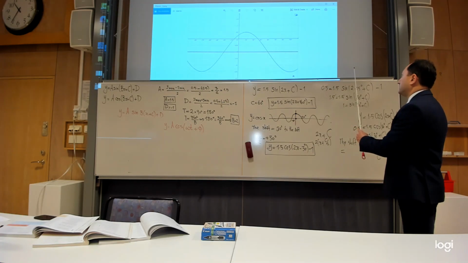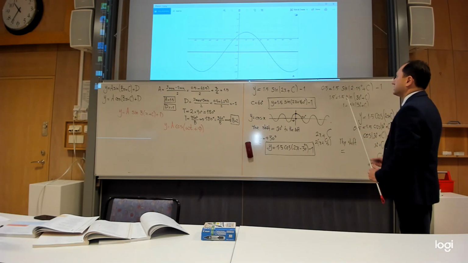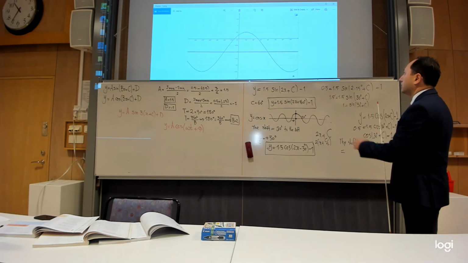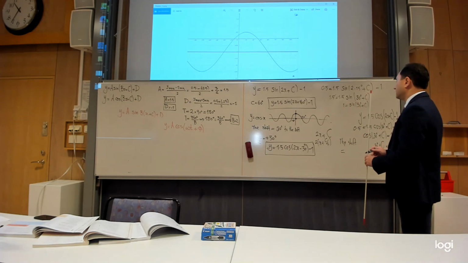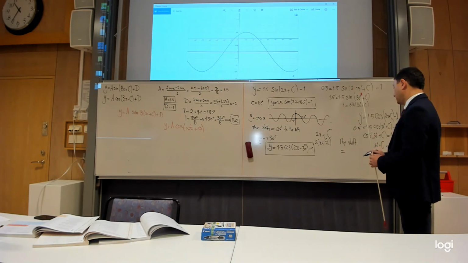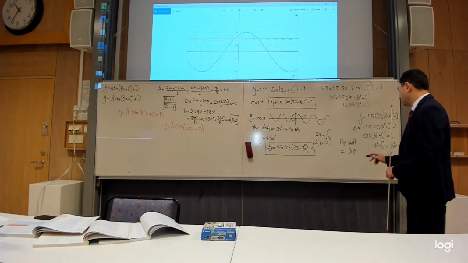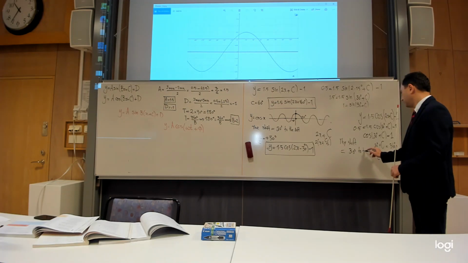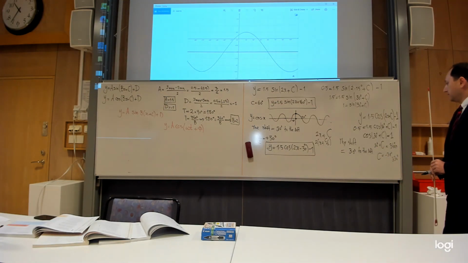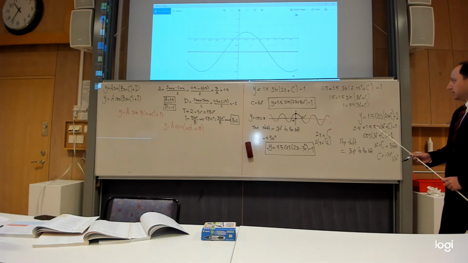So from 90 we have moved to 60, which means we have gone to the left and the shift is 30. Am I right? Yes. So it should be 30 to the left.